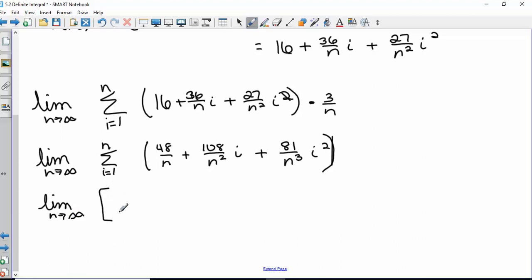What happens if you add up 48 over n, n times? What do you have to do with that?